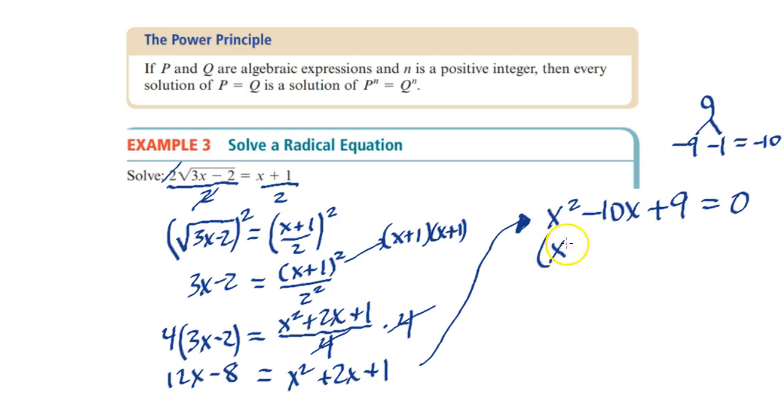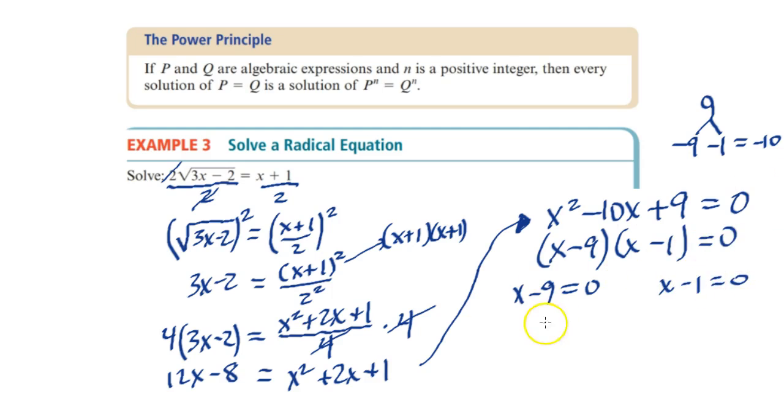So this will give us x minus 9, x minus 1 is equal to 0. And then we can break this into x minus 9 equals 0, and x minus 1 equals 0. So we get x equals 9 and x equals 1.